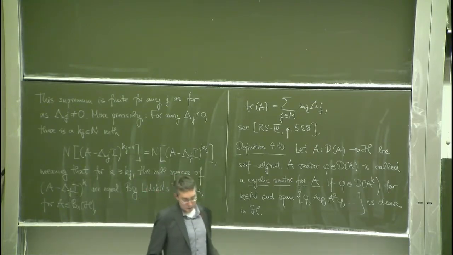Yeah, to have such a cyclic vector, of course, is a very strong claim, but nevertheless, it is possible to consider a decomposition of the Hilbert space so that on each component of the Hilbert space one has such a cyclic vector. This is what I would like to present here in remark 4.11.